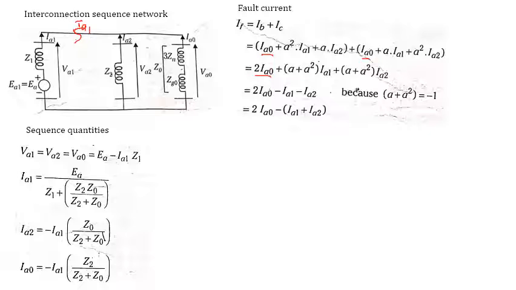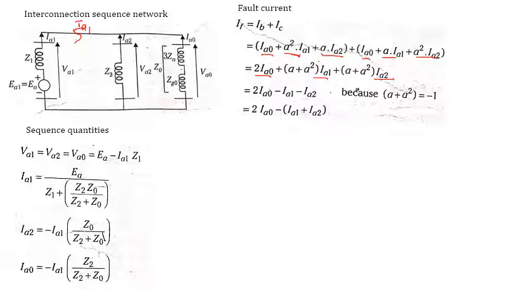For IA1, we have A square and A, so A plus A square into IA1. Similarly for IA2, A and A square, so we get A plus A square into IA2.